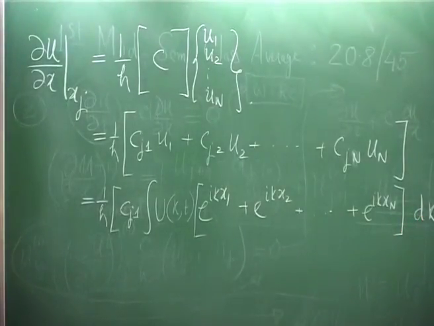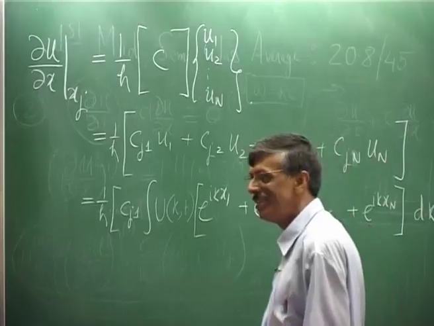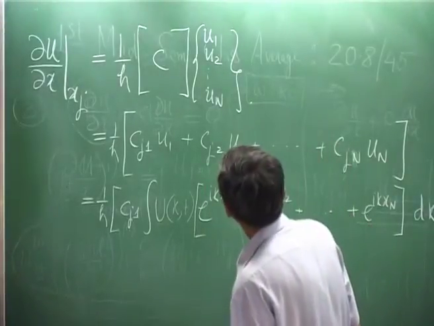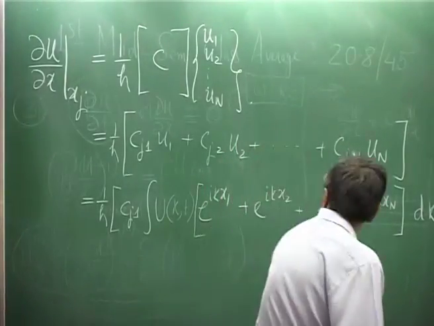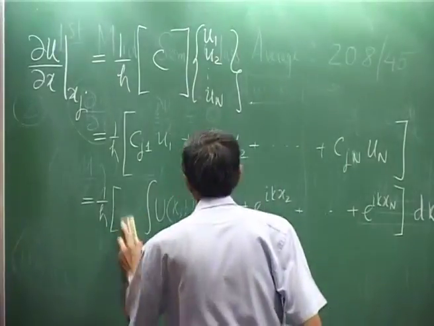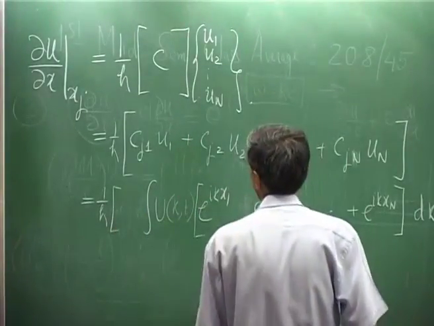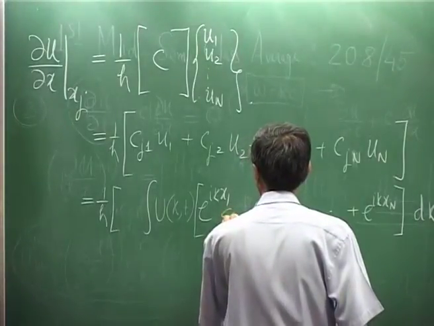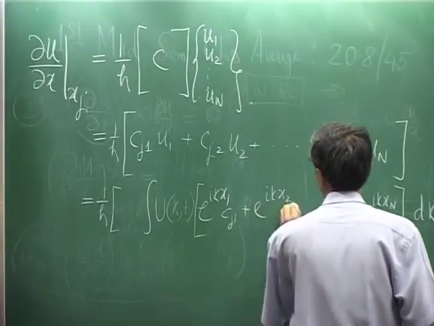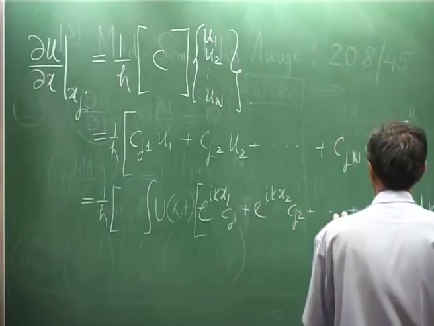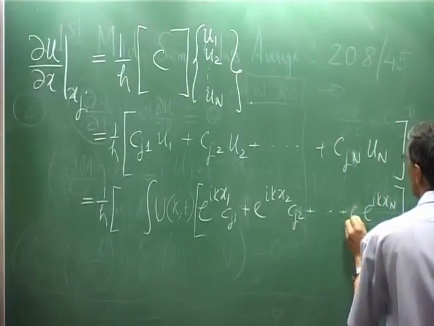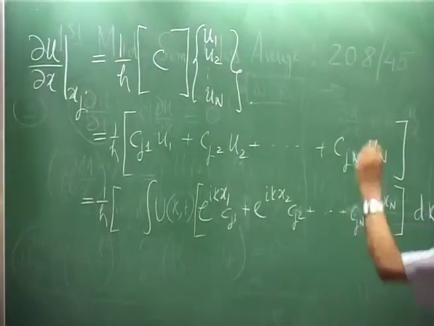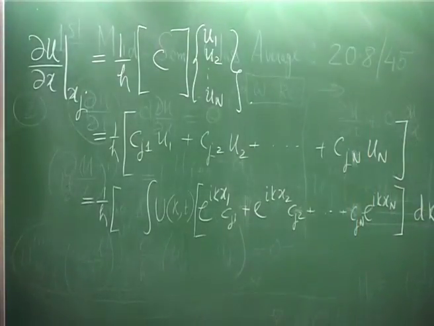The constant coefficients would all be going in here. You are absolutely right. So, this will be C_j1, here C_j2, and here you will get C_jn.